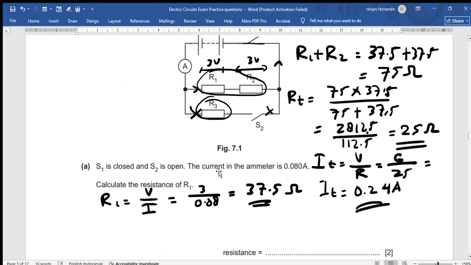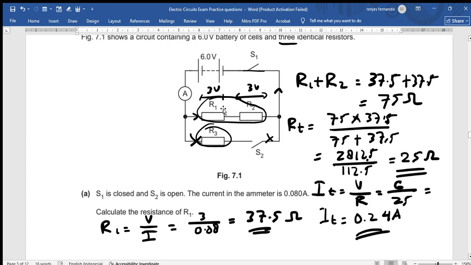What is the current in R3? The total current is 0.24, and the current in R1 is 0.08, the emitter.